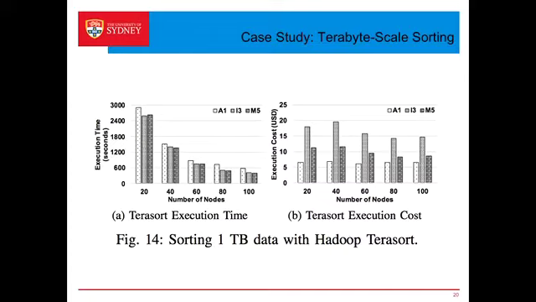The execution time on I3 and M5 are approximately the same. The execution time on A1 is significantly greater. The figure on the right-hand side presents the execution cost of sorting 1 terabyte data. I3 has the highest execution cost, followed by M5. A1 has the lowest execution cost.